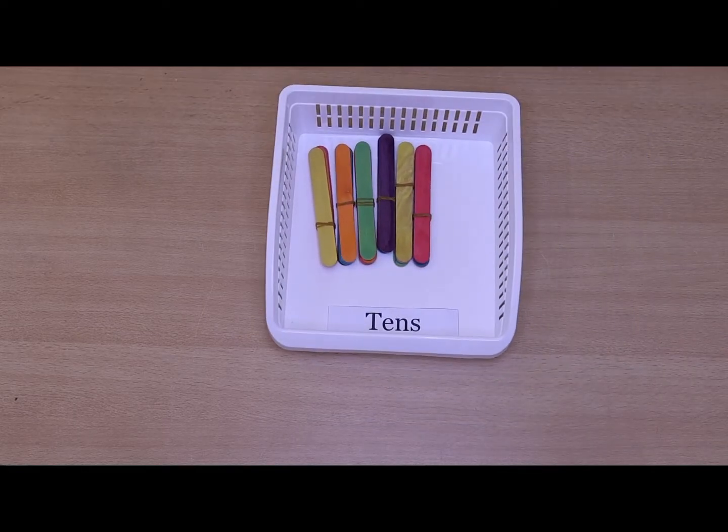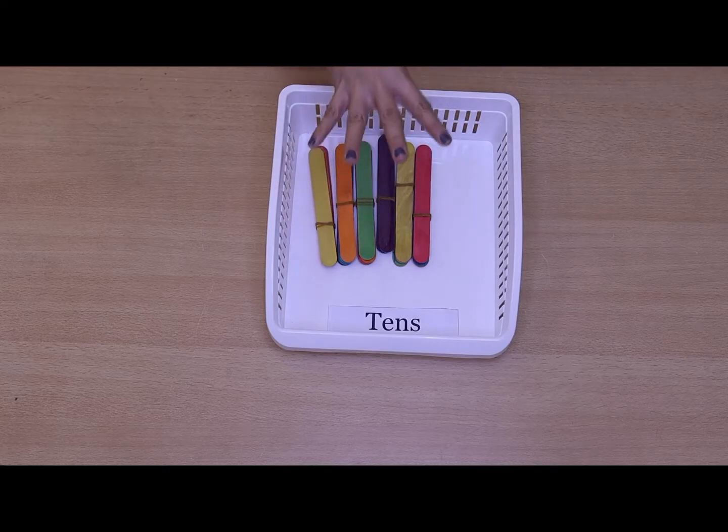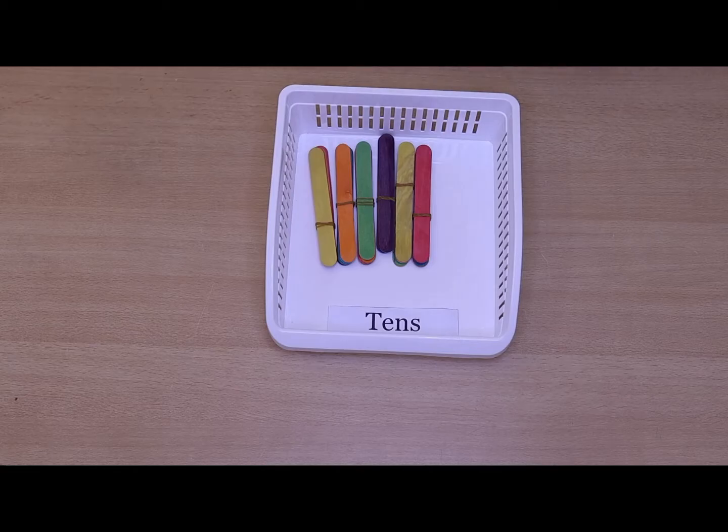I have here 10, 20, 30, 40, 50, 60. 6 tens. And now I want to make 100. How many more tens do we need to make 100? Right, we need 4 more tens to make 100. So let's do that, boys and girls.